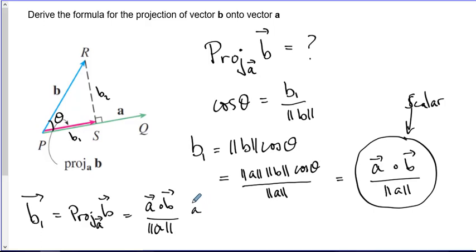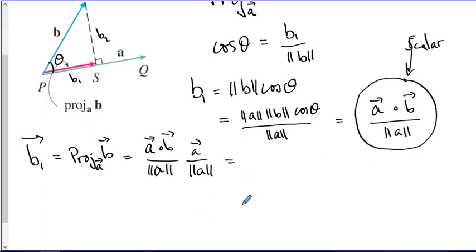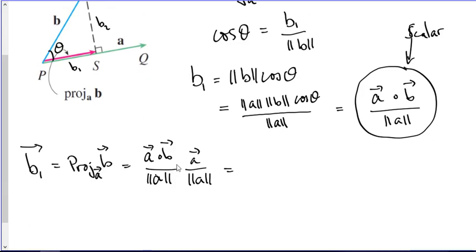So A divided by magnitude of A. What I have here is A dot B over magnitude of A squared times the vector A. That's what I was trying to derive.